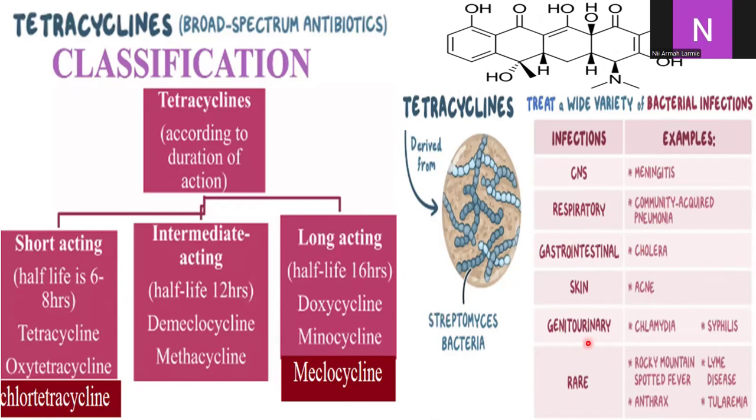We've used them for genitourinary infections like chlamydia and syphilis, and also in Lyme disease, anthrax, and Rocky Mountain spotted fever. Even so, in those instances they are rarely used, because the conditions are rare, and therefore we don't have the opportunity to use them.